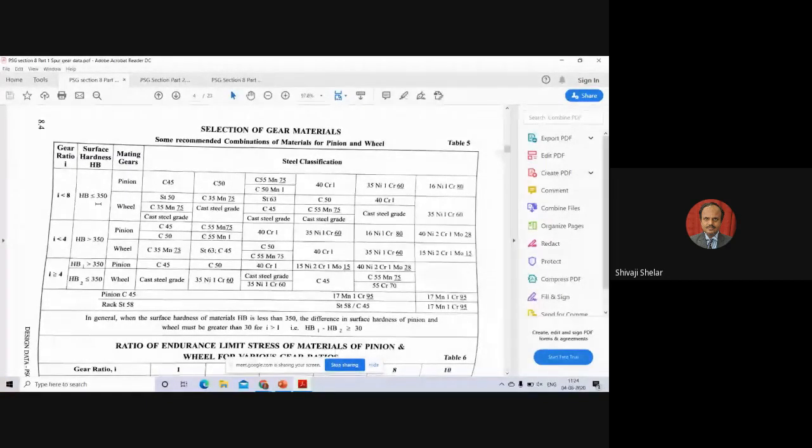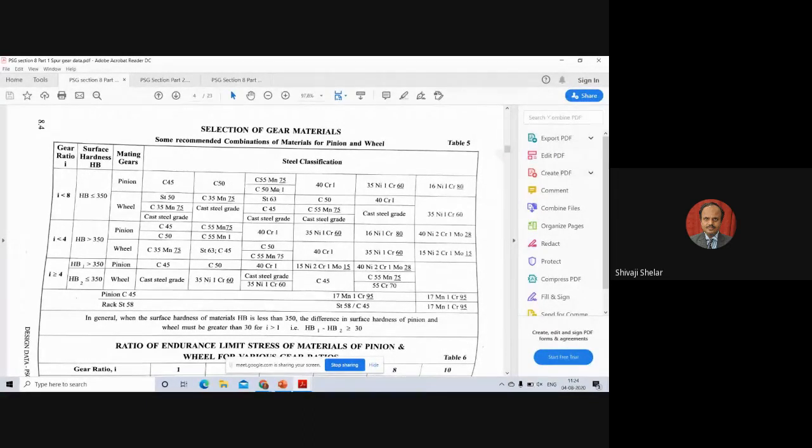Since i is less than 1, these are the pairs available. When you select C45 material, these are the combinations available for wheel material, so pinion and gear wheel. I have selected the pinion material as 40Cr because the power transmitted is slightly higher, so I am going to the higher range. These are the alloy materials and these are the plain carbon steel materials. यहाँ तक ये plain carbon steel material.